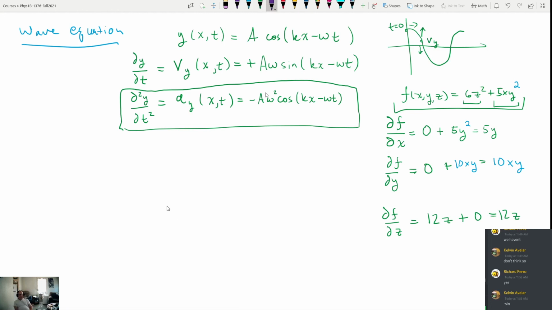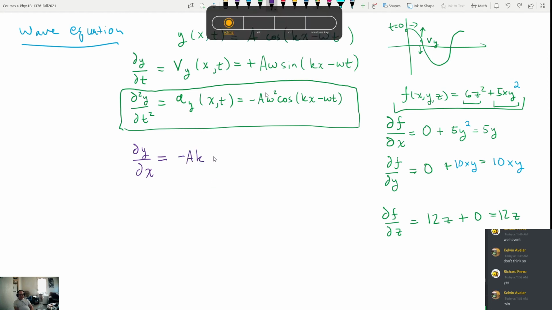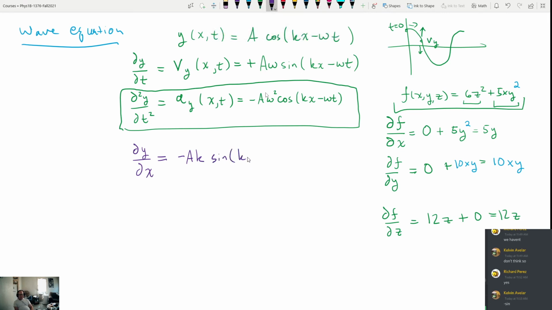Next, we're going to do the partial derivatives with respect to x. So now what we're going to look at is del y del x. If I take the derivative of this with respect to x, I'm going to get negative a times k times the not cosine, but sine of kx minus omega t.